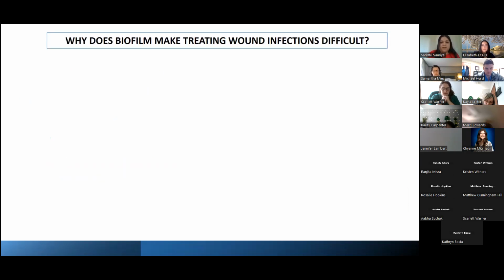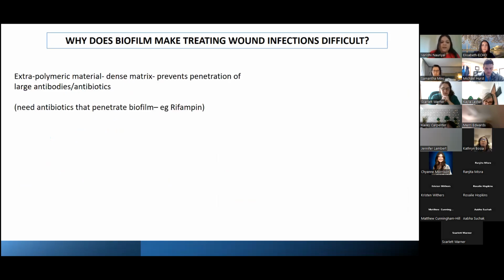So why am I talking about it? Why does it make treating wound infections difficult? First of all, it's literally a shield. It's a dense matrix that prevents large molecules, including antibiotics, from entering to where the bacteria is hidden. So we basically need antibiotics that are going to penetrate biofilms.